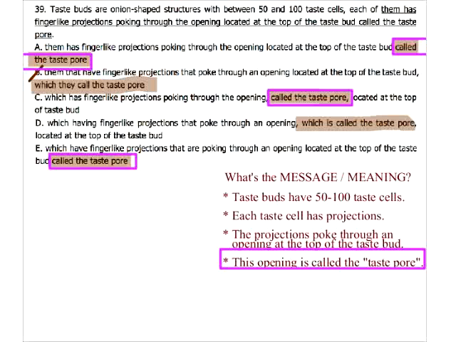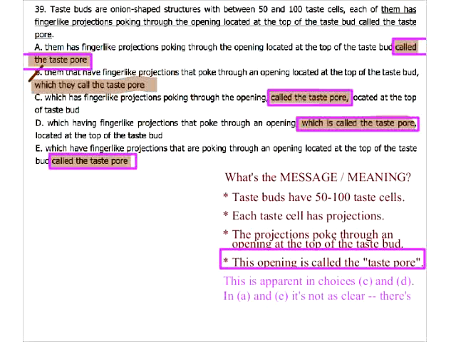Whereas in this choice and in this choice, at least that's more evident. So this is apparent in choices C and D, the fact that the taste pore is that. Whereas in choices A and E, it's not as clear. There's also a suggestion that there may be a taste bud that is called a taste pore.